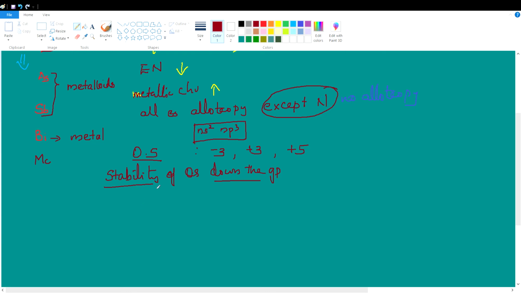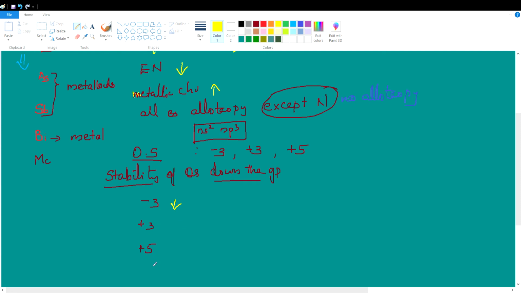Taking the -3 oxidation state, we know size increases and electronegativity decreases, so the ability to gain electrons decreases down the group. So -3 oxidation state stability decreases down the group.